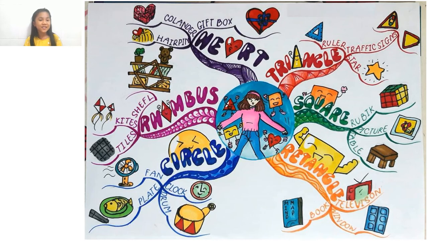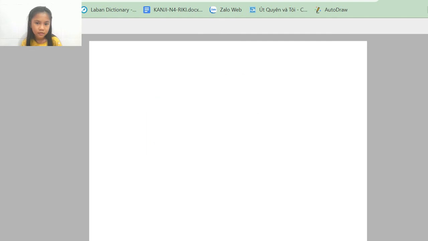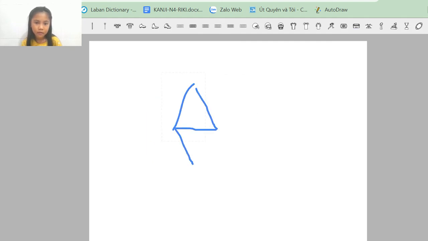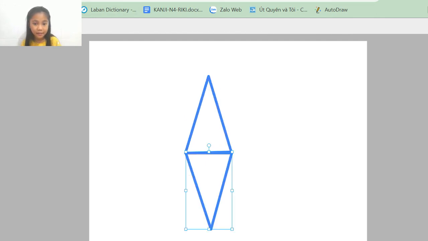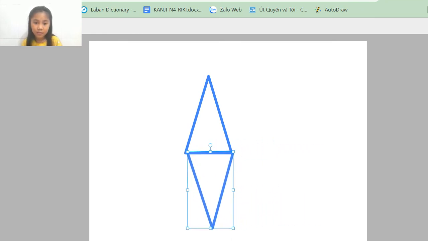Okay, and our next word is rhombus. A rhombus just looks like this shape. There, this shape. It looks like this one, right? You see? Yeah, it is a rhombus.